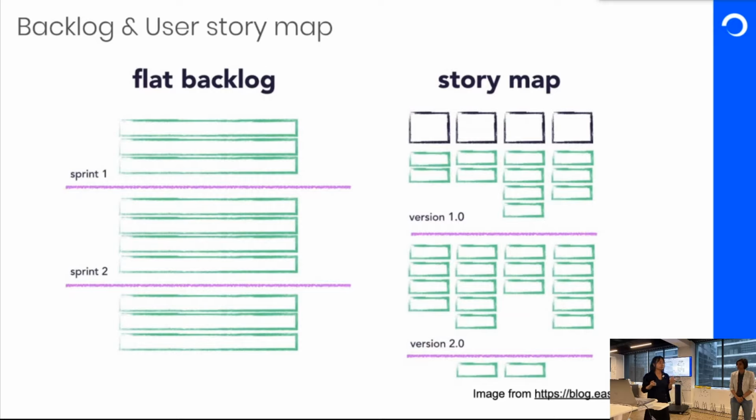Okay, so you can see that we have a whole picture of what's going on in the user journey. And you may also notice that the epics are prioritized in sequence, so that you can have different versions, different releases, as well as the flat backlog. While the flat backlog is a little bit flat and non-living, the story map is a little bit active.